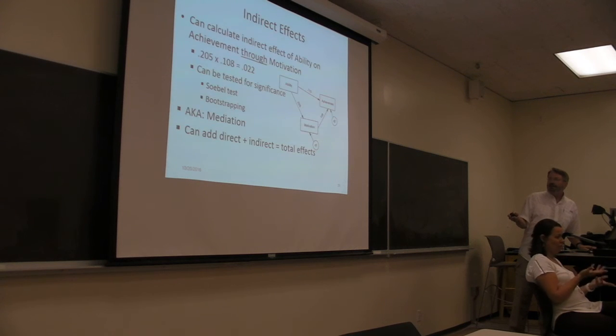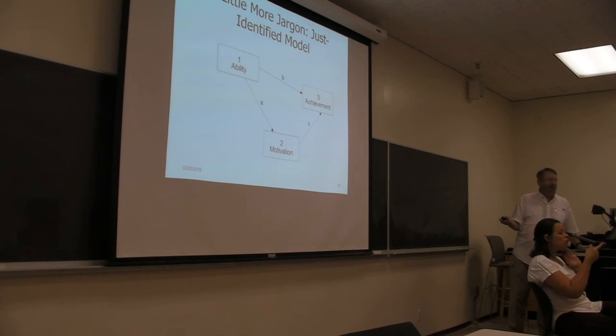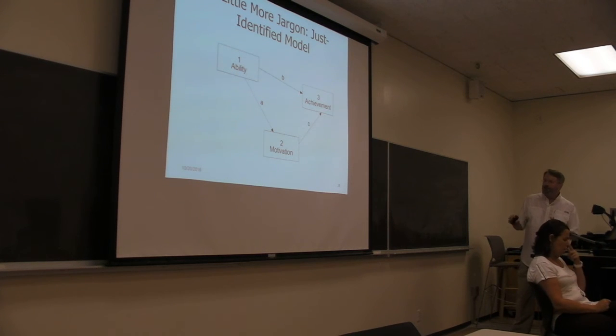One way that you could use the correlations is to solve for these three paths, right? So you get three equations for A, B, and C. And there are some rules on how you generate those equations.